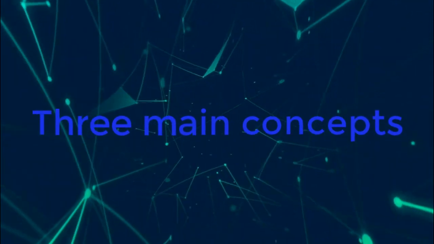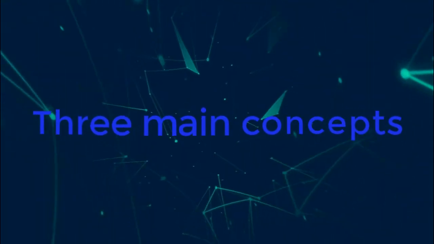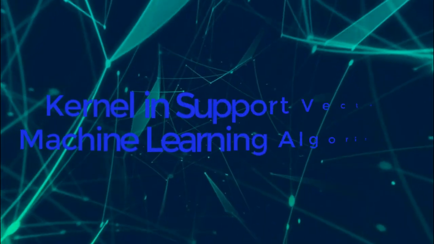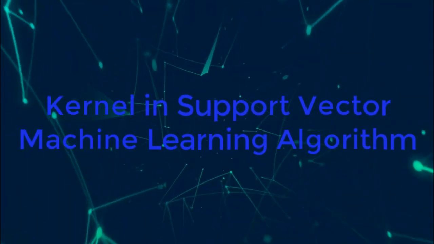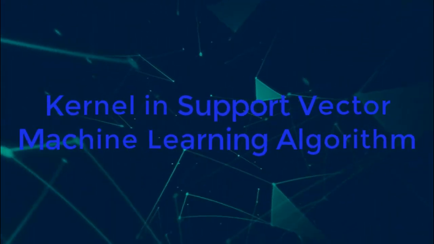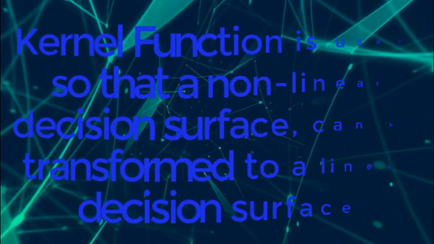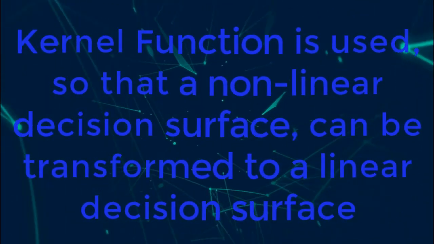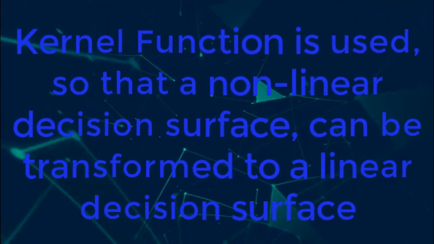Before we proceed further, we should discuss three main concepts used in this tutorial. First concept is kernel in support vector machine learning algorithm. Kernel is a function used to take data as input and transform the data into the required format for further processing.